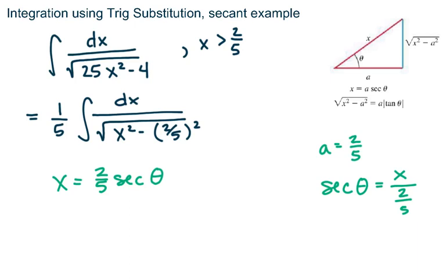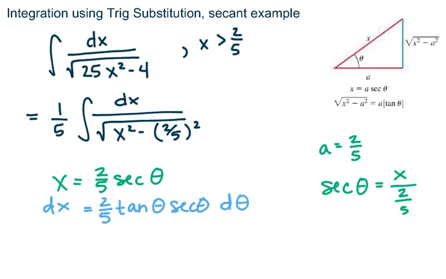At this point, I can take the derivative. dx d theta is 2/5 tangent theta secant theta. And then again, we multiply by that d theta.